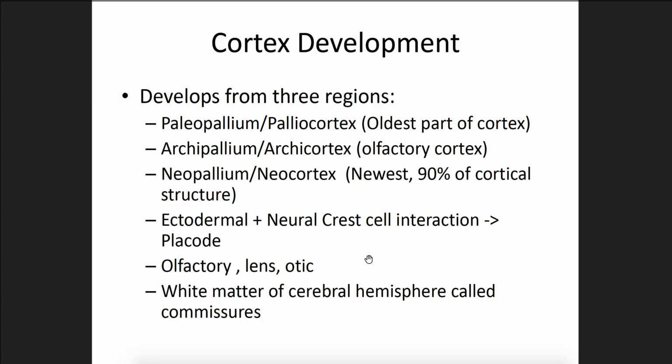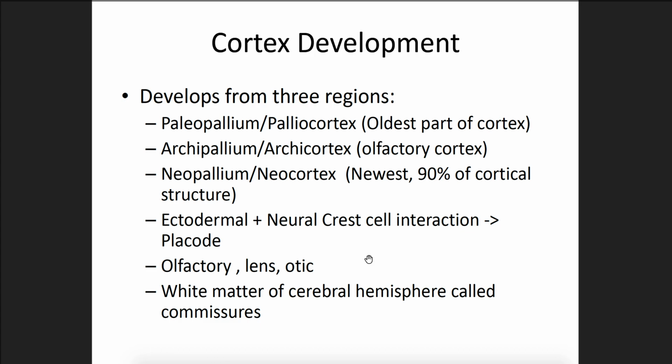The white matter of the cerebral hemispheres is described as bundles which can travel within the same hemisphere, or they can travel from one hemisphere to the other hemisphere, or they can connect different regions to one another.